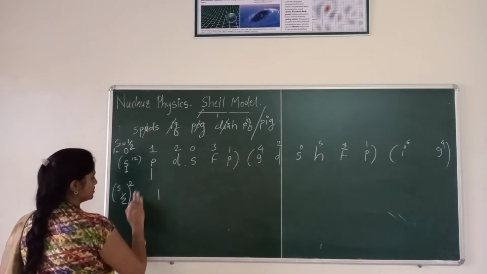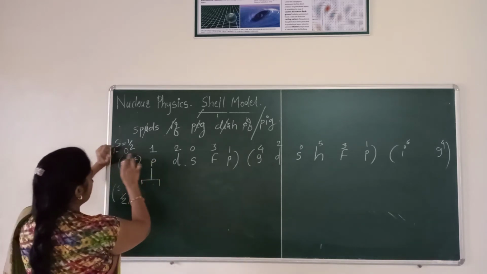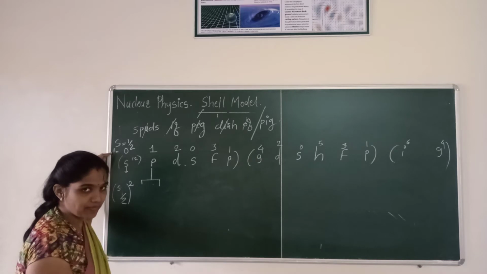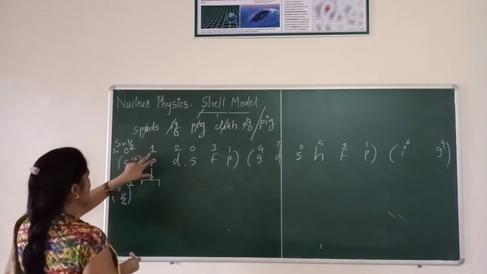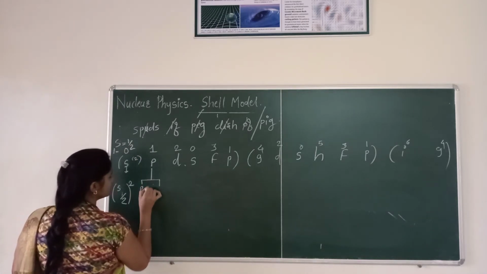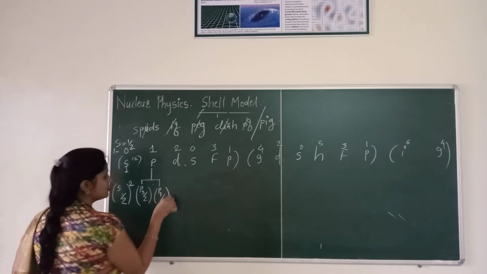Now the second one. For P, the L value is 1 and the S value is half, that is 1 plus half and 1 minus half. There are two values. When 1 plus half, it is 3 by 2, means P3/2, and 1 minus half is P1/2.